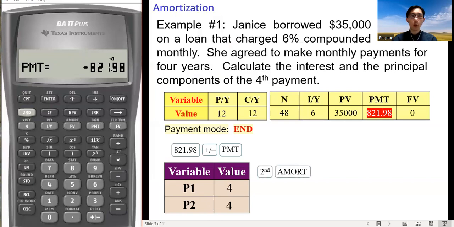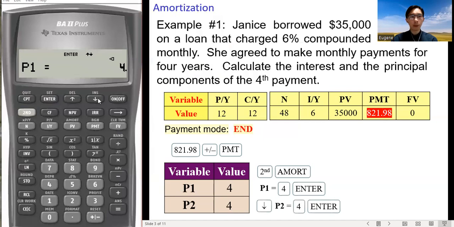Activate the amortization worksheet by pressing second and then AMORT, A-M-O-R-T. Enter 4 for P1, press 4 and then enter. Press the down arrow key to get P2 and enter 4 and press enter.